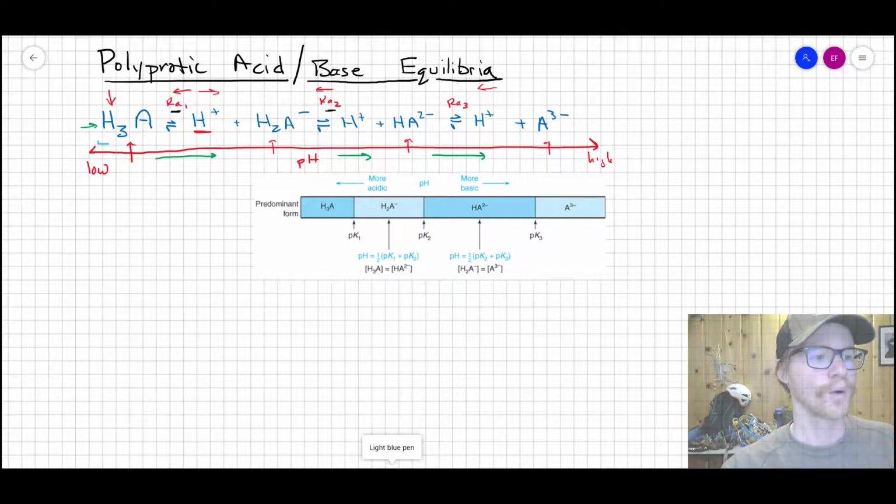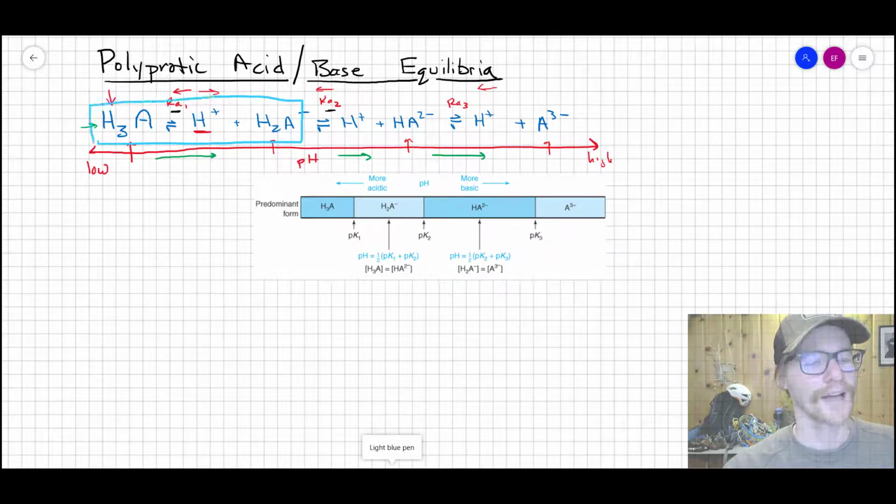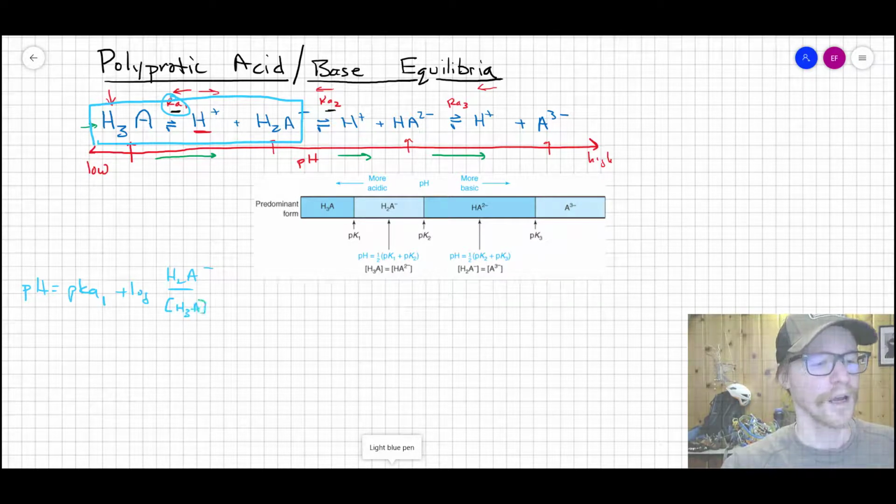So, for example, if we just look at this light blue line and we're only considering the first reaction, the Henderson-Hasselbalch equation will be something like pH is equal to pKa1 associated with this first Ka plus log the base version over the acid version, right?